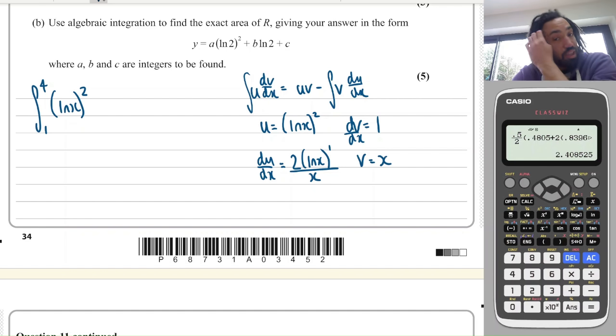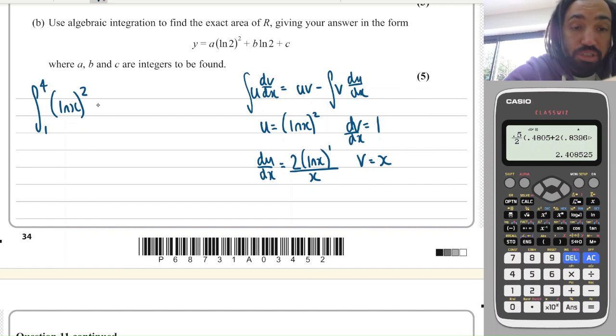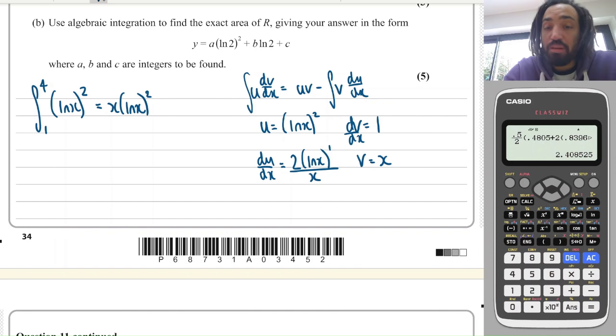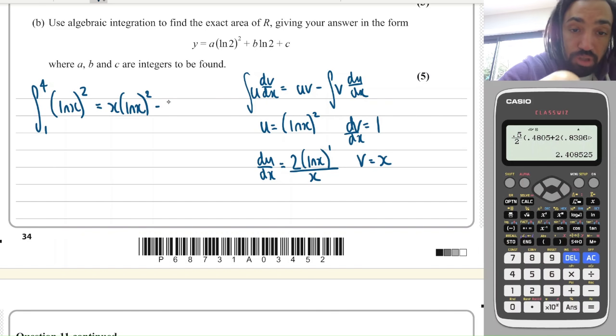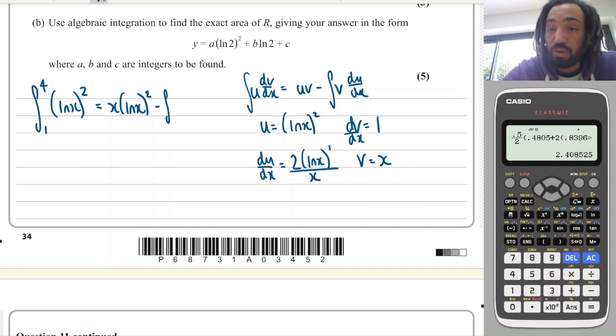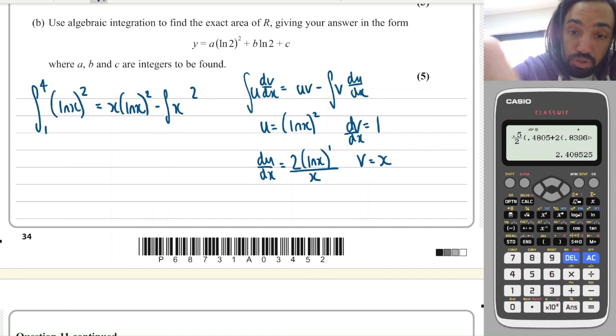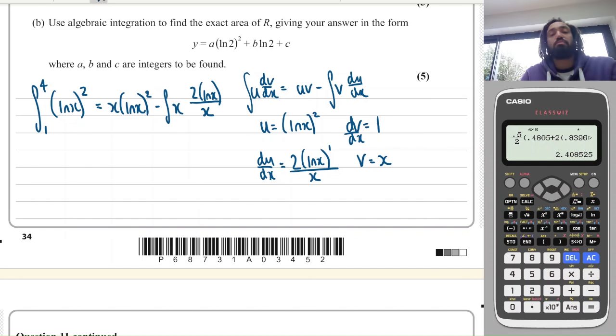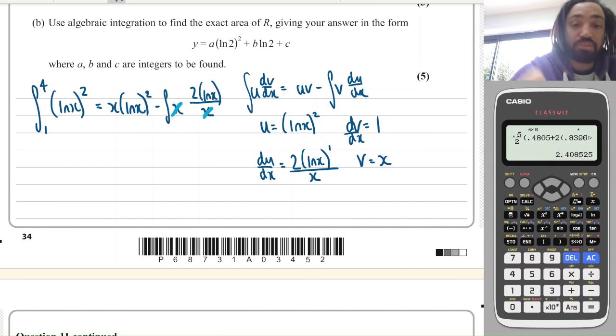So using the formula that I've put down at the top there, u times v is x, open brackets, ln x squared, minus the integral of v, which is x, times by 2 lots of ln x to the power of 1 over x. Okay, great. So this is going to cancel with that, which is going to be very helpful.